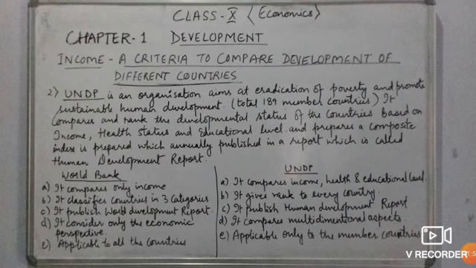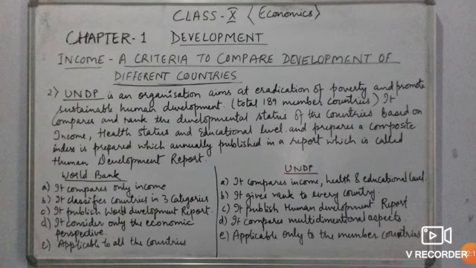And instead of dividing nations into different categories, it provides ranks to different nations after judging these three criteria of income, health status, and educational level, and prepares a composite index which is annually published in a report called the Human Development Report.